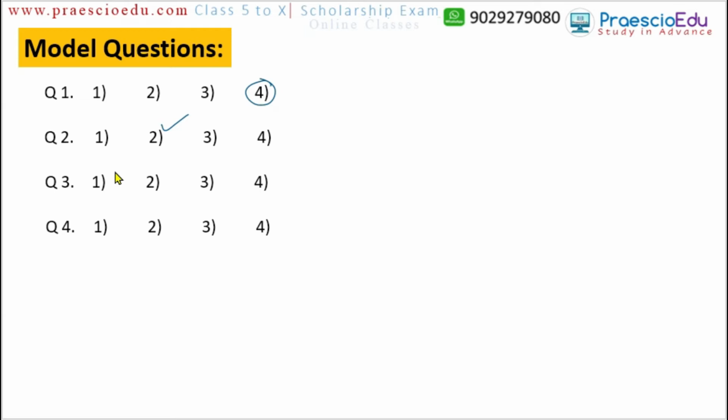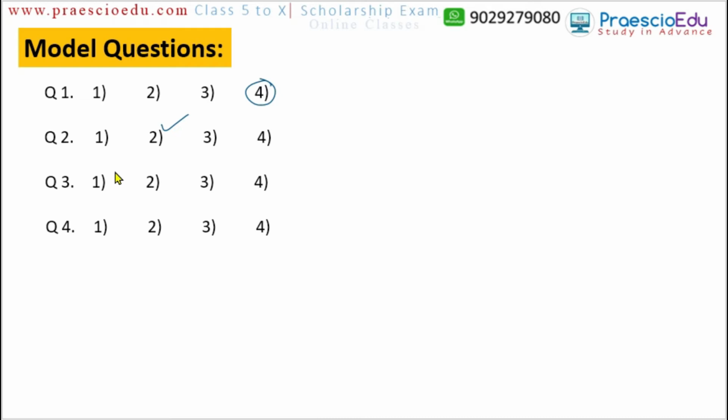If you look properly at all the options, a dot should come, because now there are three C shapes, in different directions, but three in total. In option number 3 there are three, but one square is there. Option number 4 also has one square, so options 3 and 4 cannot be considered.